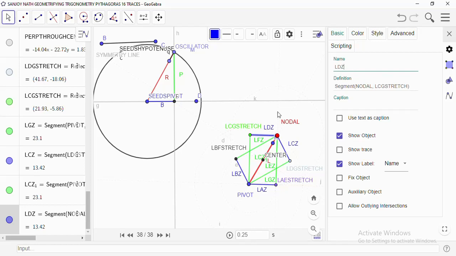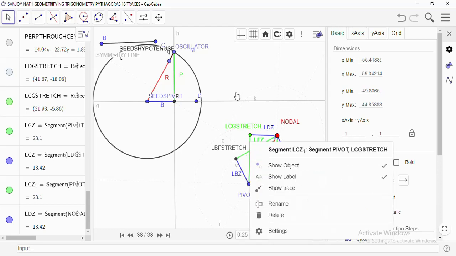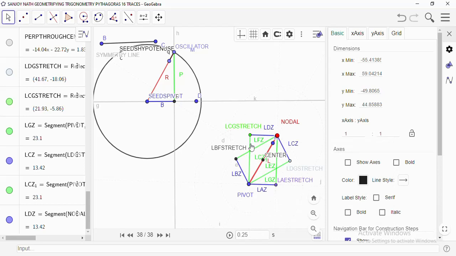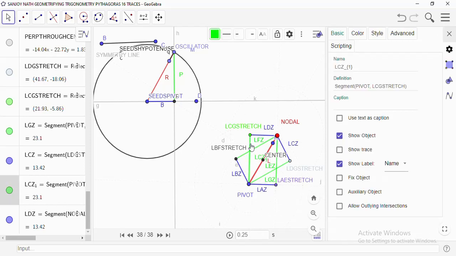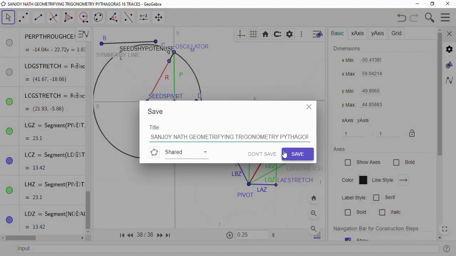GeoGebra has intelligence that it doesn't allow repetition of names. D is a symmetry variety of cos theta, and the corresponding perpendicular for this triangle is this one, in ABCDEFGH, so it should be LHZ, and it is the sin theta variety. It is the symmetry of sin theta, LHZ. Now we have got the points there, and the line segments are found here.